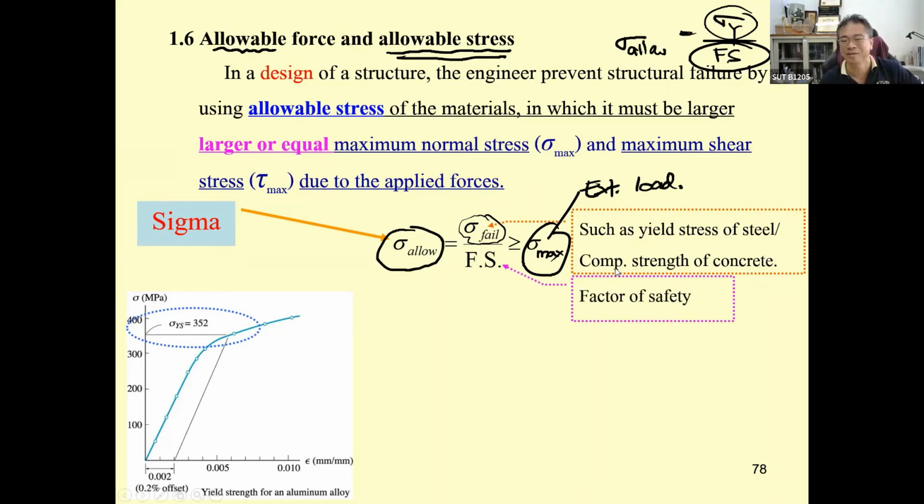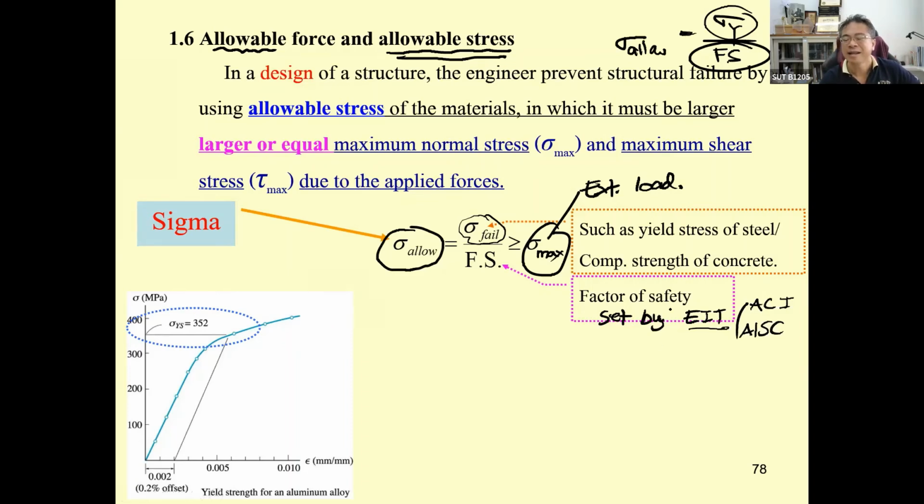And this one is the factor of safety. This one is set by an authority such as the Engineering Institute of Thailand. Or in America, it may be set by the American Concrete Institute or the American Institute of Steel Construction.